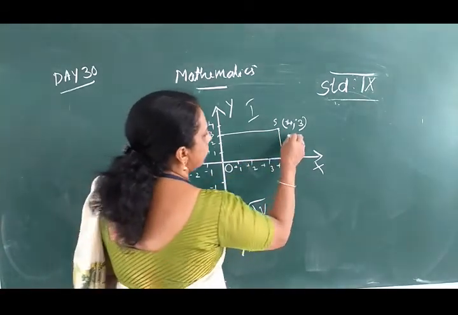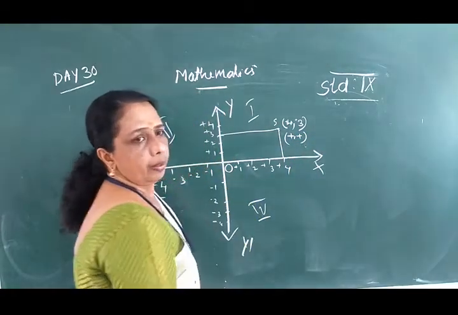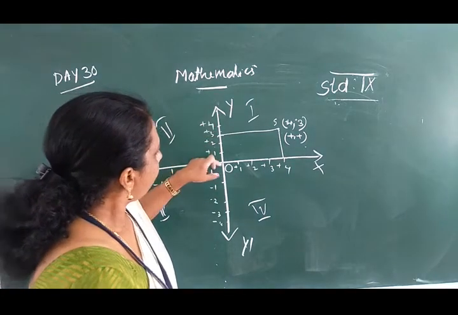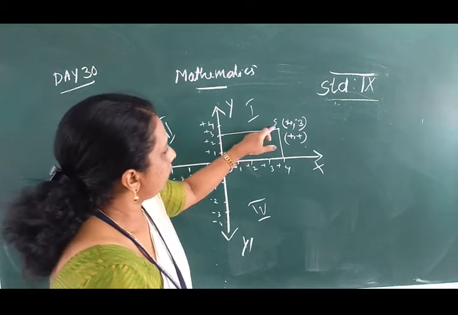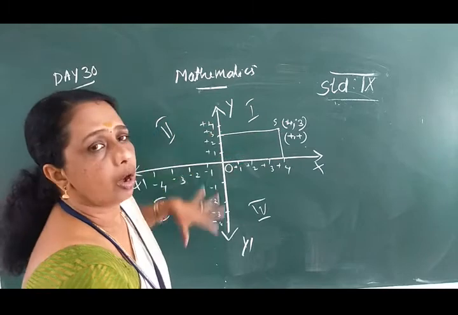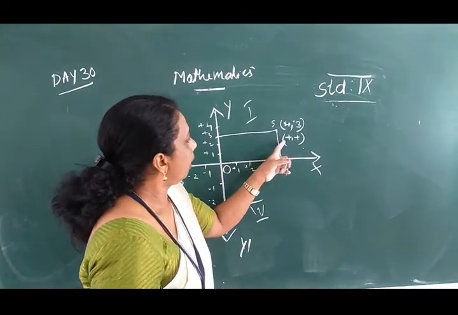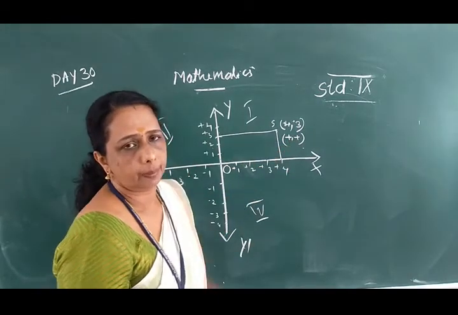That is, the point is in the form (+, +). The x coordinate and y coordinate of each point in the first quadrant is always positive.